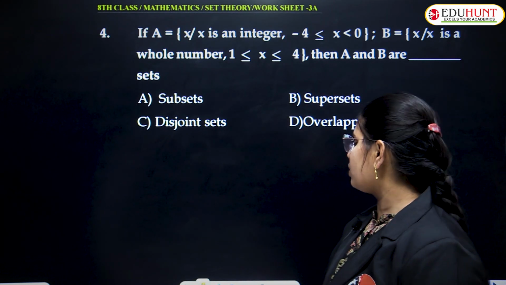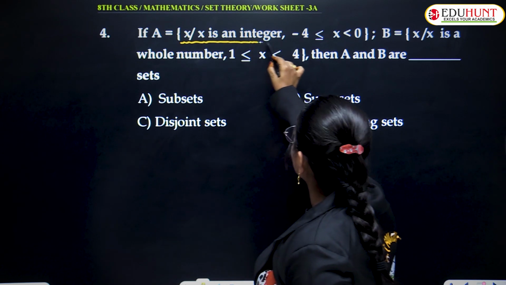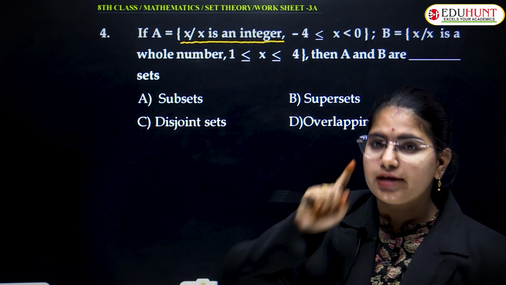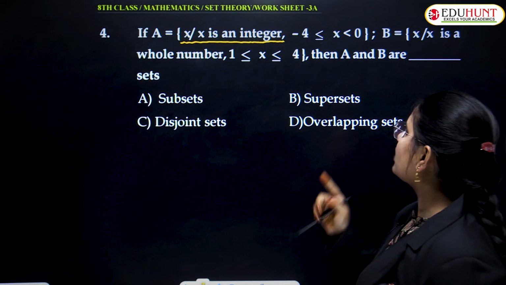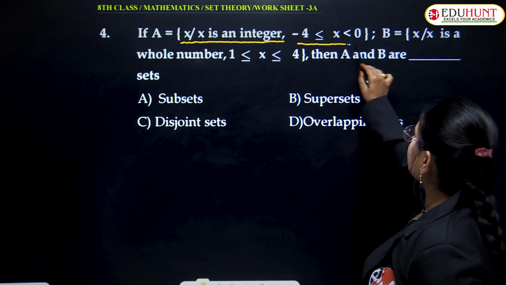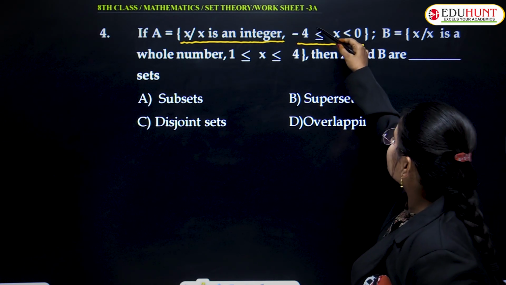If A is equal to the set of X such that X is an integer, and at the same time you also have the other condition, minus 4 is less than or equal to X, less than symbol, right.